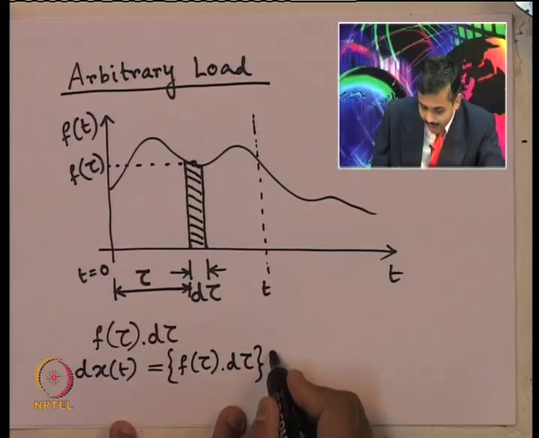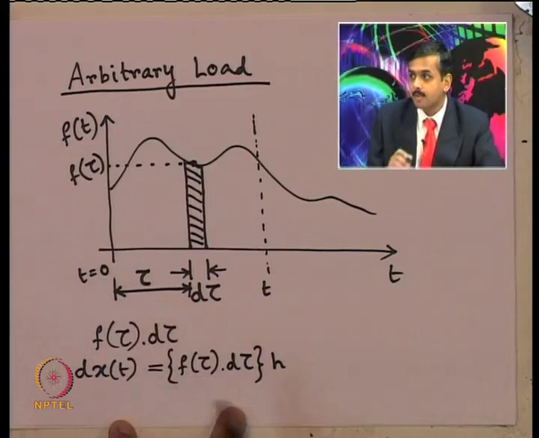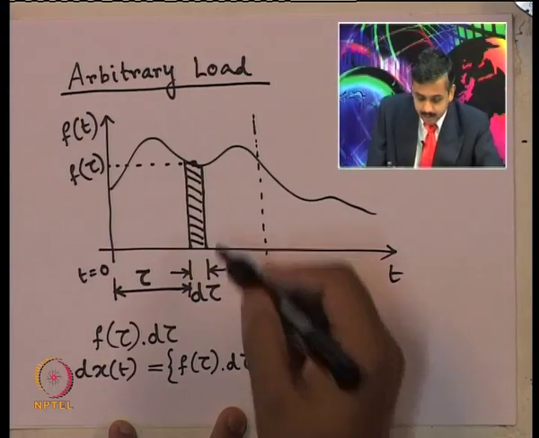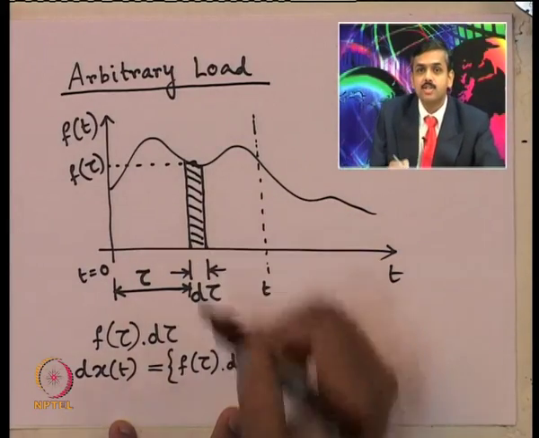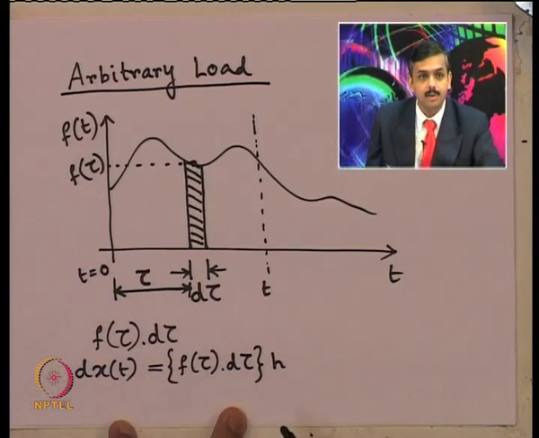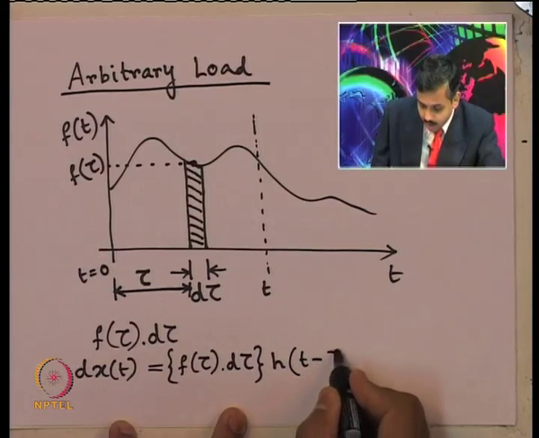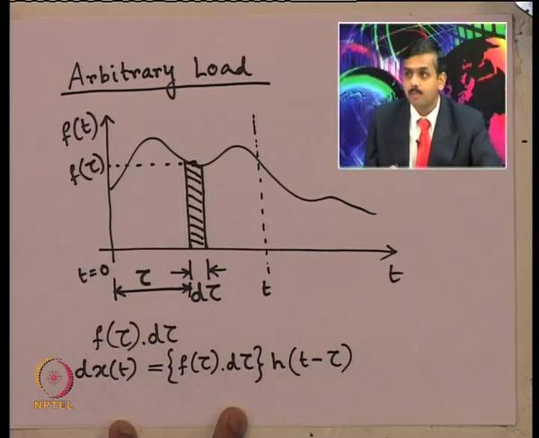times h of t. Now, h of t is the impulse response function when it starts from the beginning, but in this case the impulse load is acting after the elapse of time t equals to tau. So, it should be h of t minus tau. Do you agree with me?